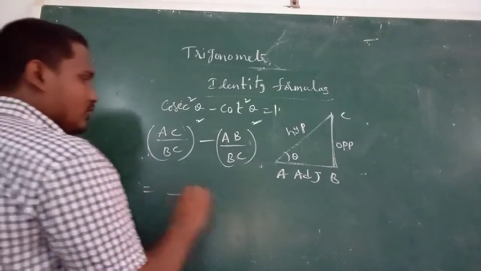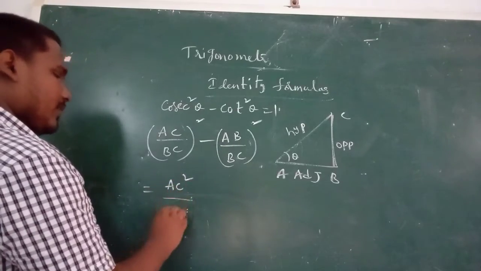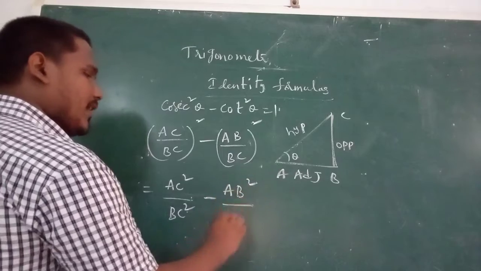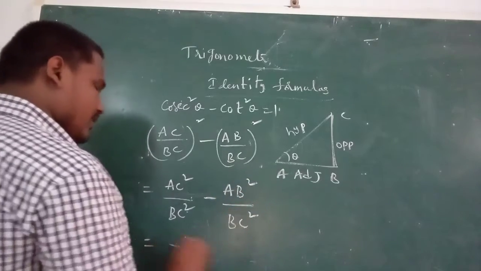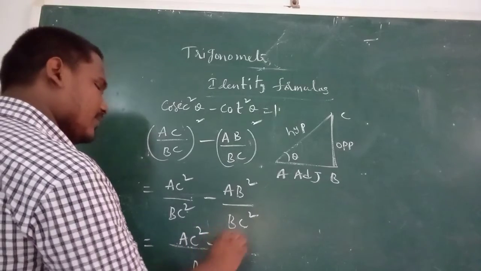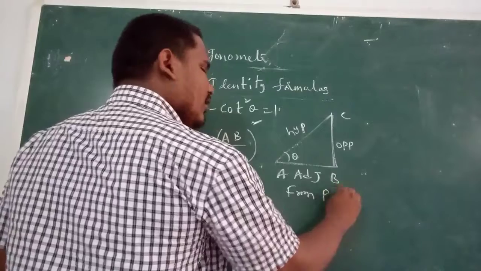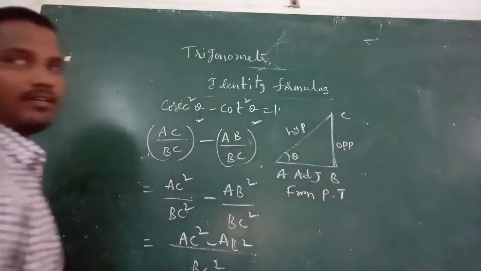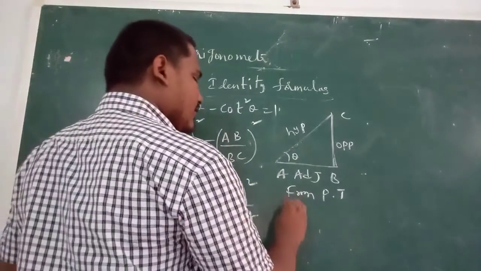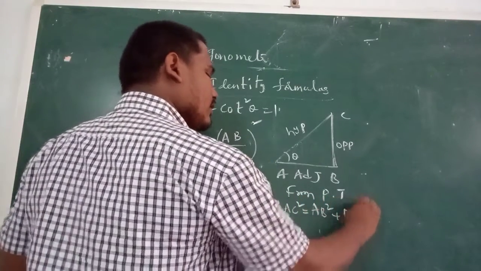That is equal to AC square by BC square minus AB square by BC square. BC square is the LCM, then AC square minus AB square. From Pythagoras theorem, we get AC square is equal to AB square plus BC square.